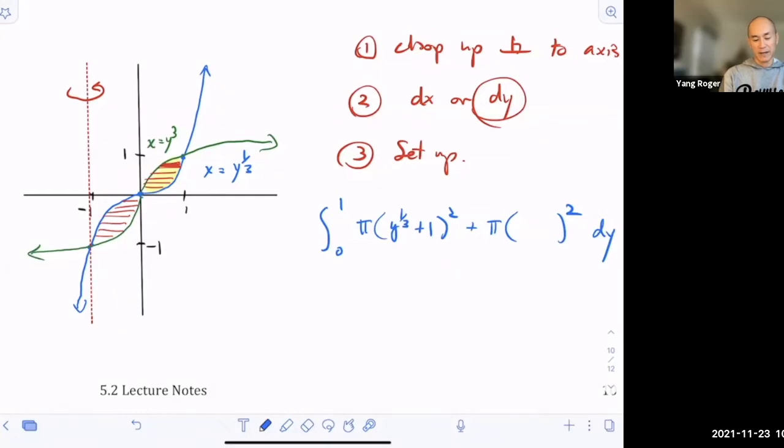Another way you could think of it, more visually: if you think of this as x equal to -1, you could also think of this as y to the 1/3 minus -1. In other words, you subtract this curve from this curve, and that would give you that whole length there. Does that make sense to everybody?